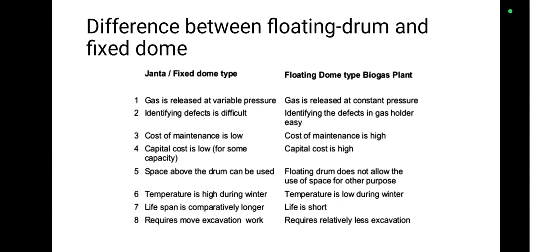Space above the dome can be used in the fixed dome type, whereas the floating drum does not allow the use of space for other purposes. Temperature is higher during winter in the fixed dome type, and in the floating dome type the temperature is low during winter. The lifespan is comparatively longer for fixed dome type, whereas the floating dome type has a short life. The fixed dome type requires more excavation work, whereas the floating dome type requires relatively less excavation. Thank you.